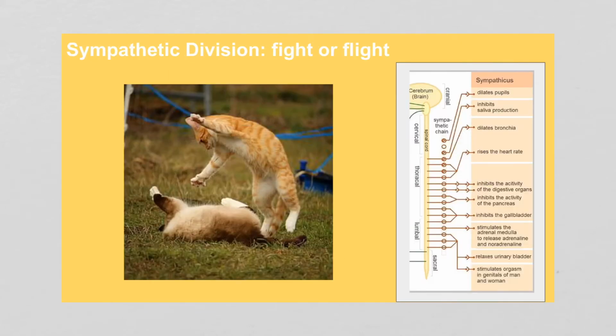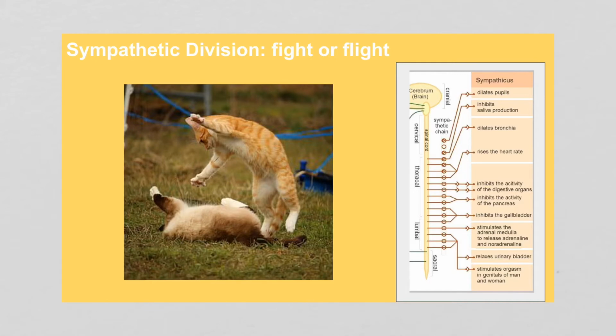The sympathetic division is the fight or flight division. This system prepares the body to respond to threats by redirecting blood from the GI tract to the skeletal muscles. This slows or stops digestion while delivering increased oxygen to muscles.